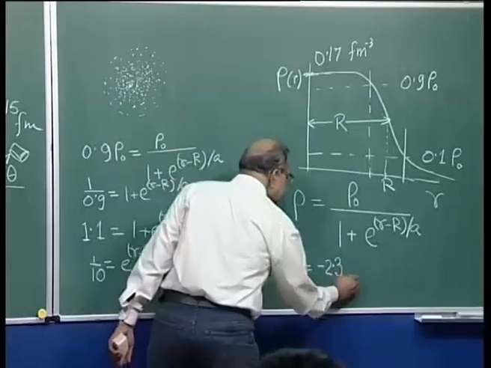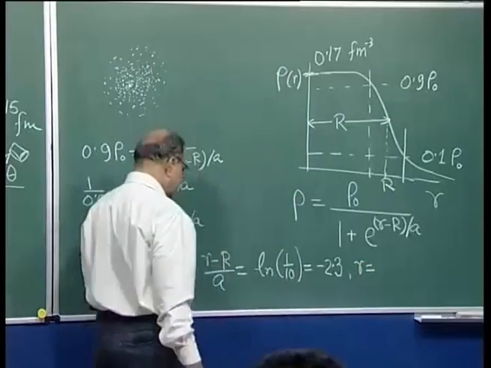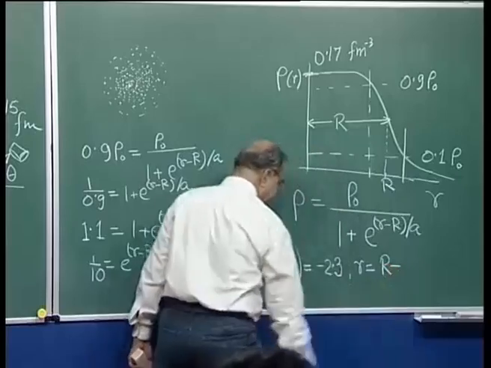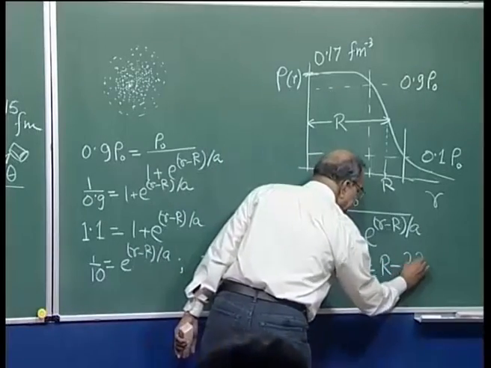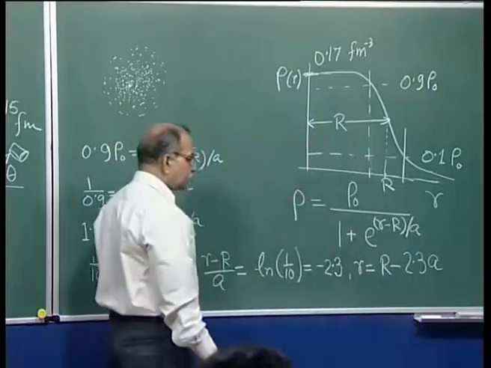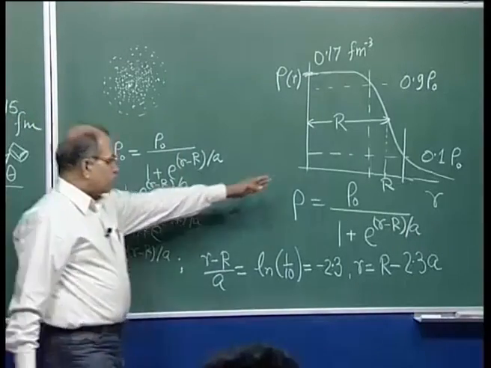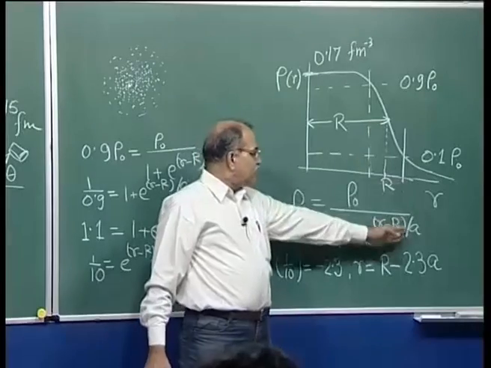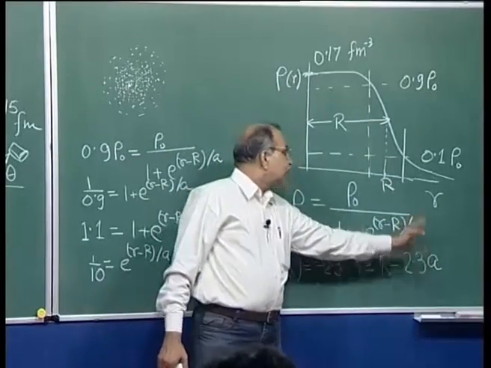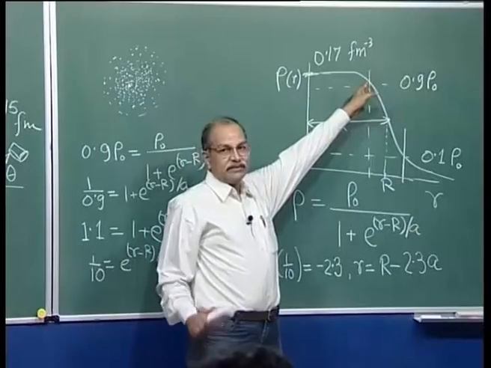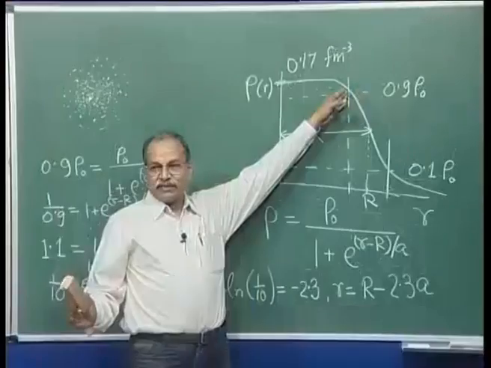So, r is equal to capital R minus 2.3 times A. So, this is capital R, and 2.3 times A behind it, here the density will drop off to 90%.